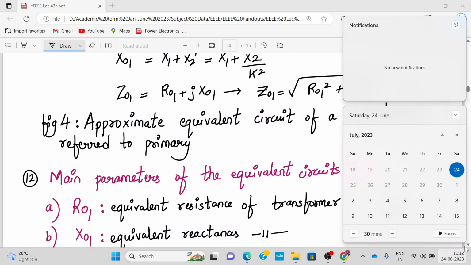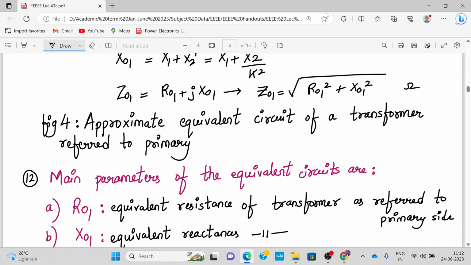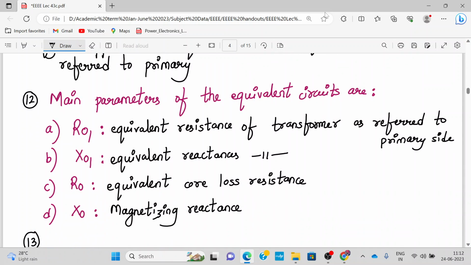The main parameters of this approximate equivalent circuit of the transformer are RO1, the equivalent resistance of the transformer as referred to the primary side. XO1 is the equivalent reactance of the transformer as referred to the primary side. R0 is the equivalent core loss resistance, and X0 is the magnetizing reactance.